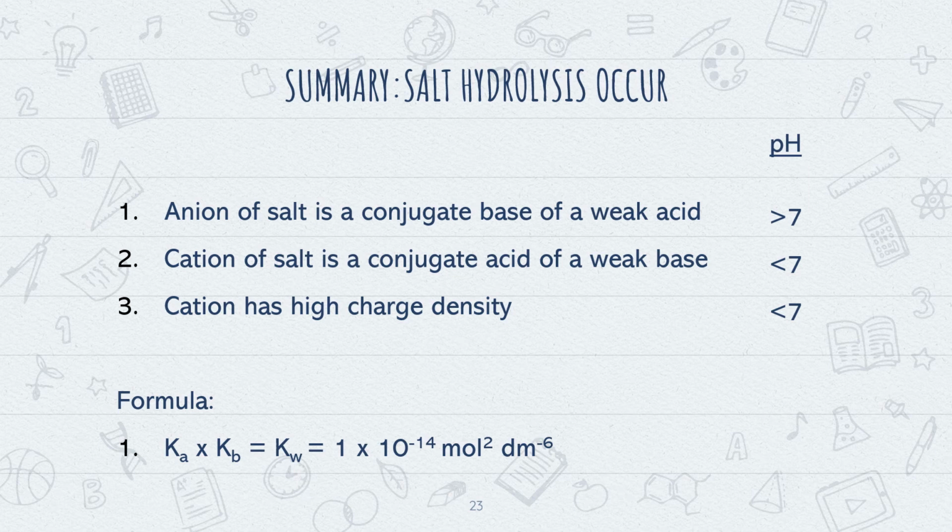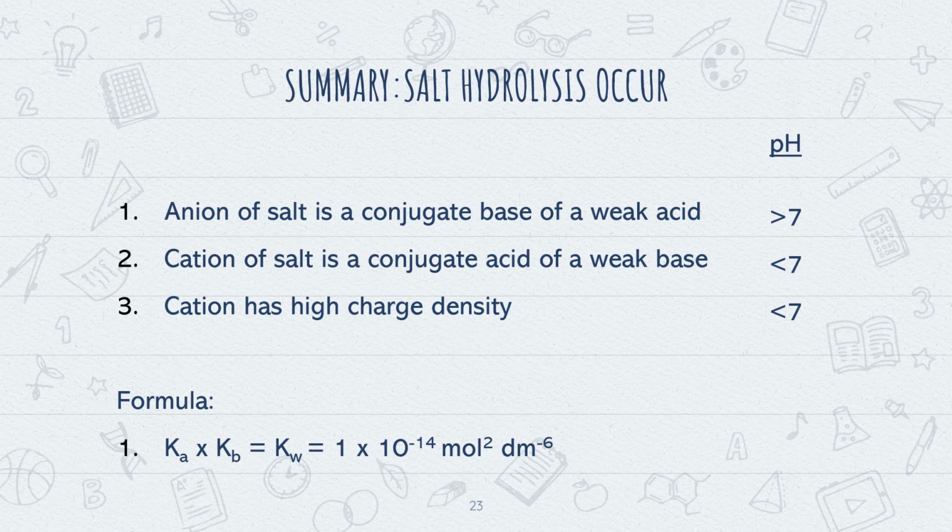And last but not least, the cation can be a metal cation with high charge density. With a high charge density, it will be able to form a complex ion, and as a result of a long explanation, you are able to produce H3O+ ions, which will be acidic, and therefore the pH will be less than 7.